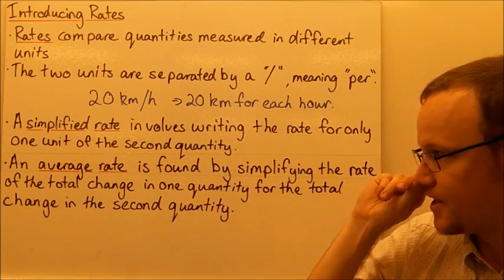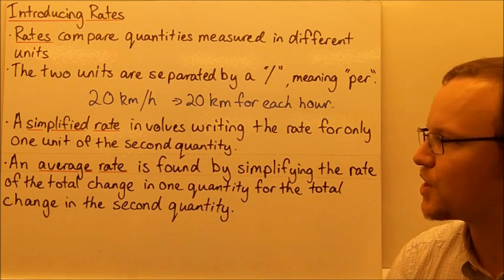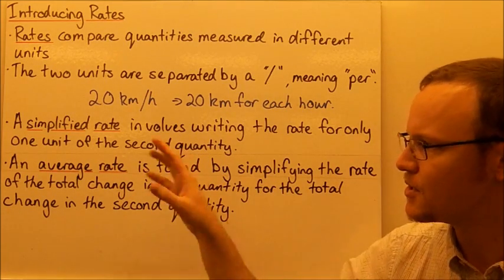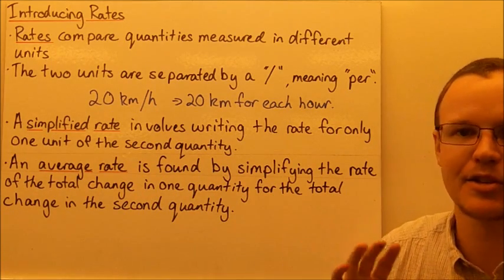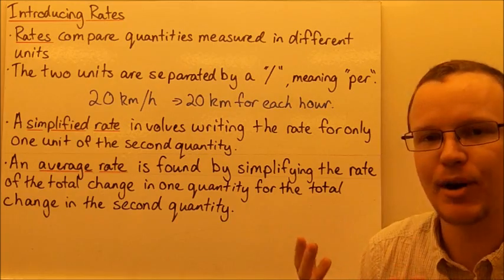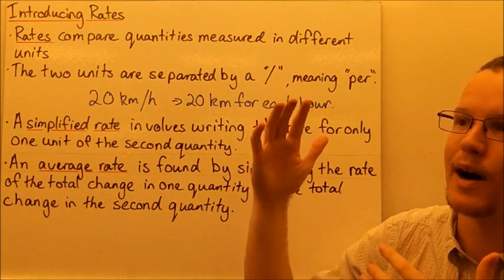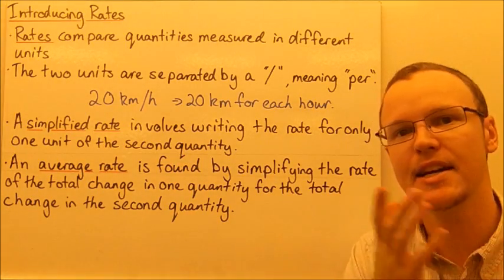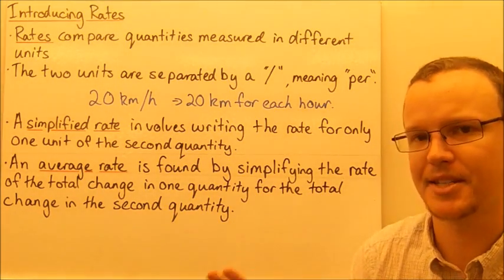An average rate is found by simplifying the rate of the total change in one quantity for the total change in the second quantity. Sometimes rates aren't consistent and constant. For example, with growth rates, you don't grow at a constant rate the whole time. You might grow a lot one day and nothing at all the next day.